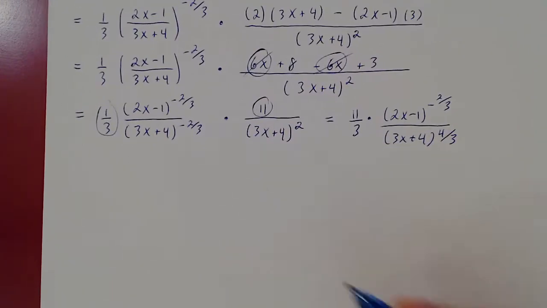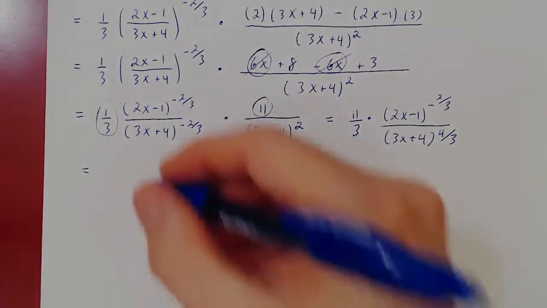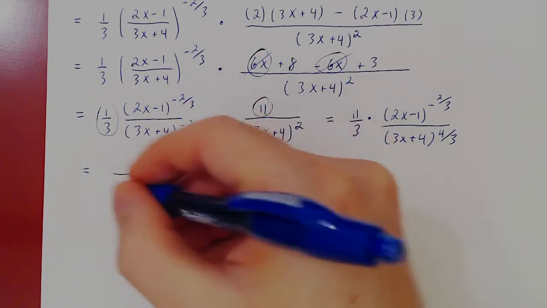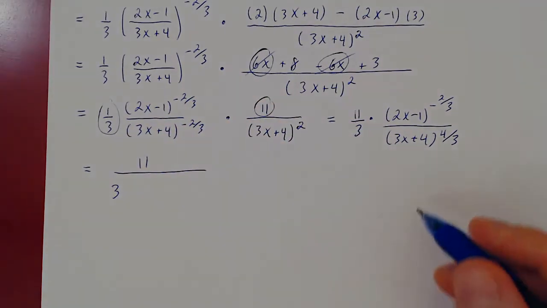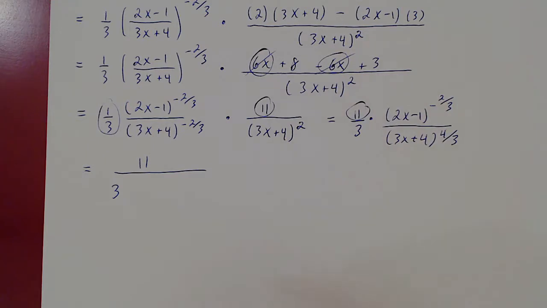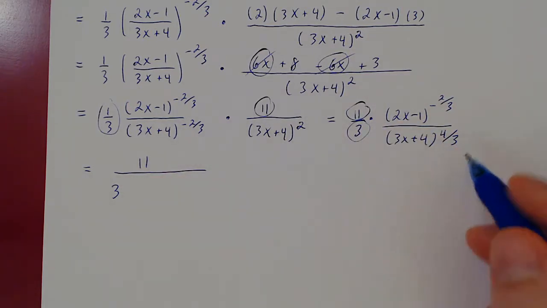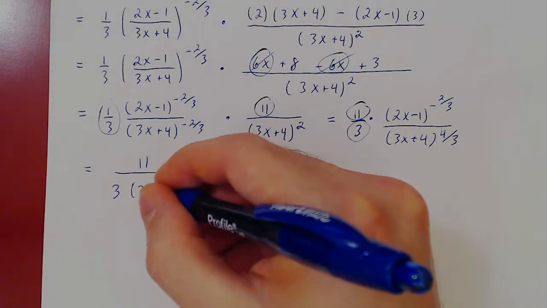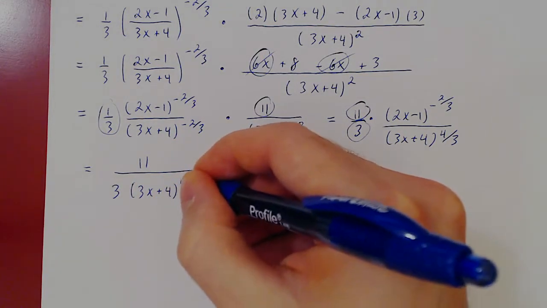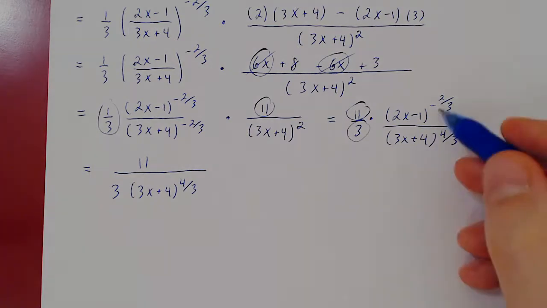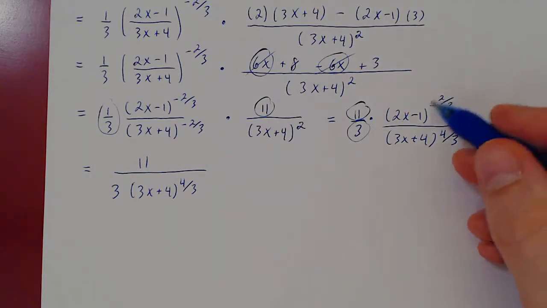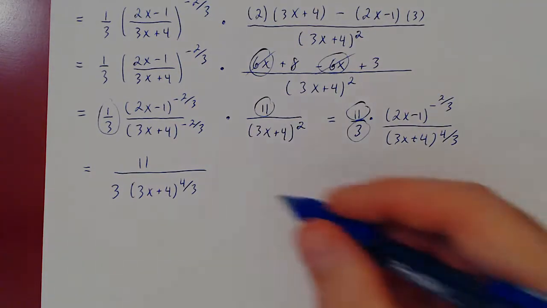And what we would then get is a single 11 on top over 3 times (3x plus 4) to the 4/3. The 11 stays on top. And if we send this term down, the negative 2/3 becomes a positive 2/3.